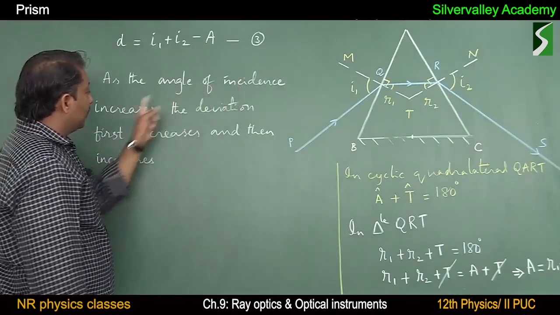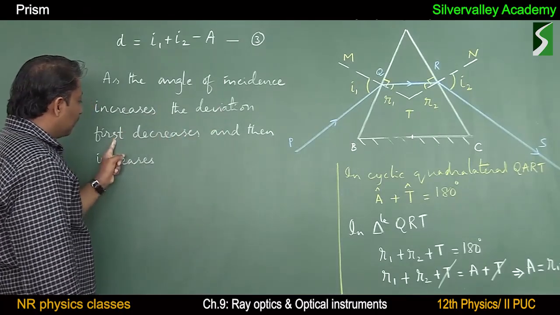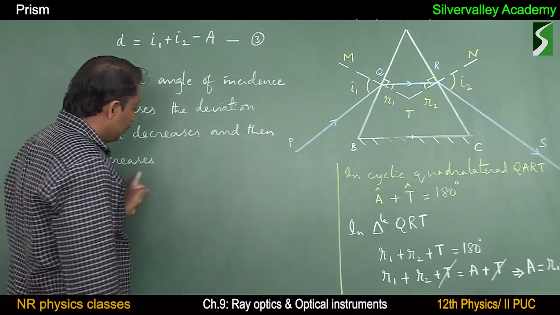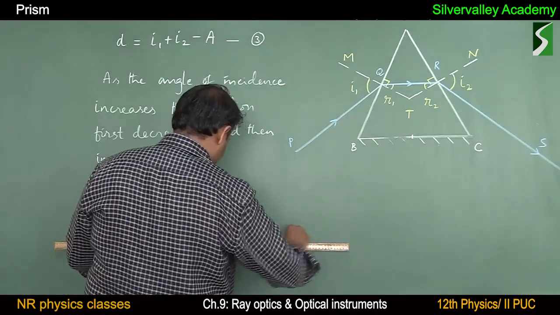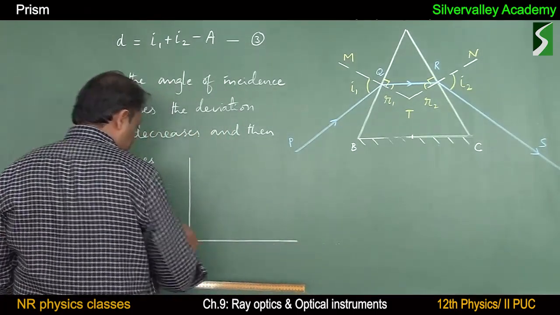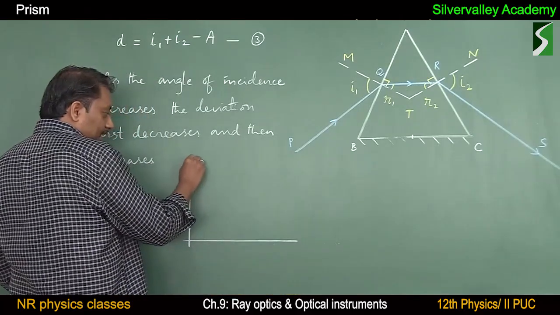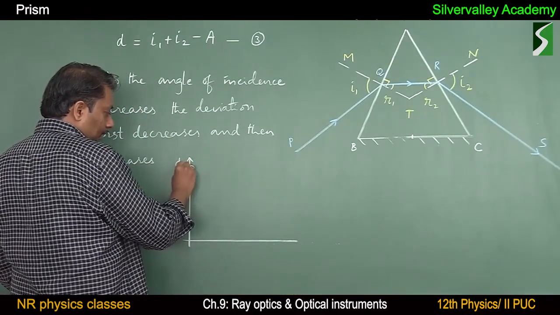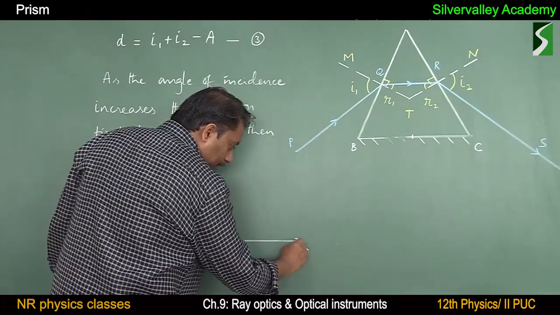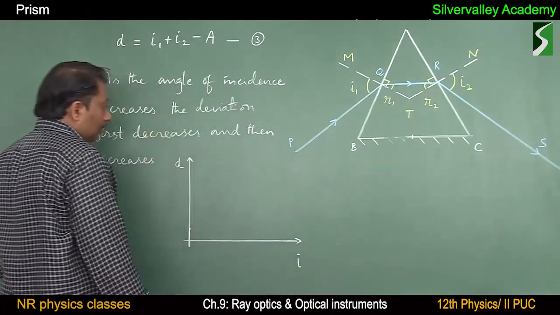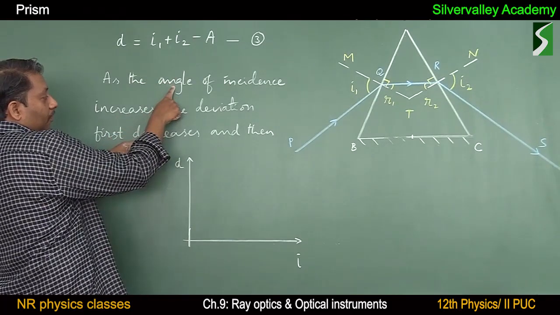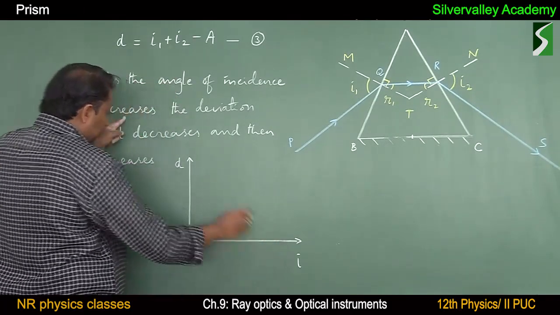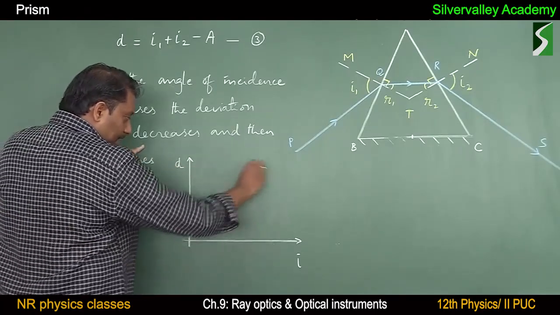As the angle of incidence increases, the deviation first decreases and then increases. That is the nature of this equation. Y-axis deviation, x-axis angle of incidence. So, nature of the equation says, as the angle of incidence increases, the deviation first decreases and then increases.